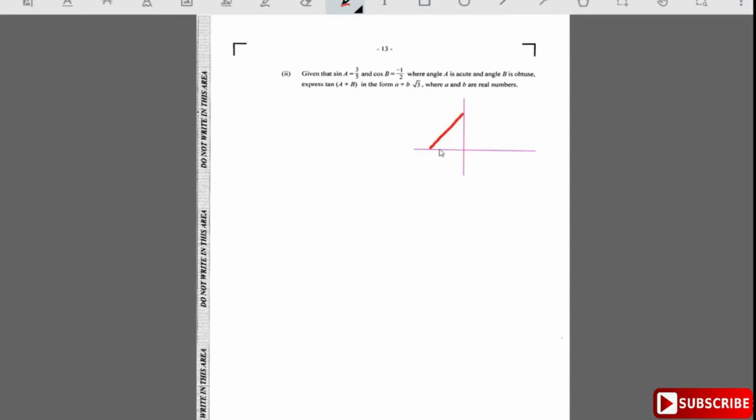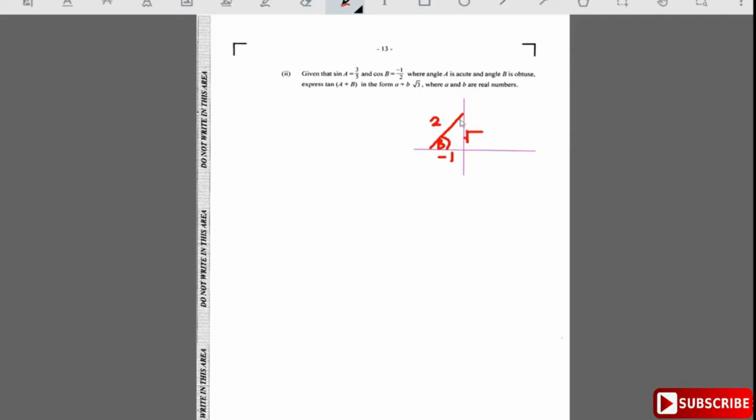You have the angle B, and they say cos B is minus 1 over 2, so it is minus 1 because it's in the second quadrant. The hypotenuse is 2, and we need to find this length. This length will be the square root of 2 squared minus minus 1 squared, and so this is the square root of 3.